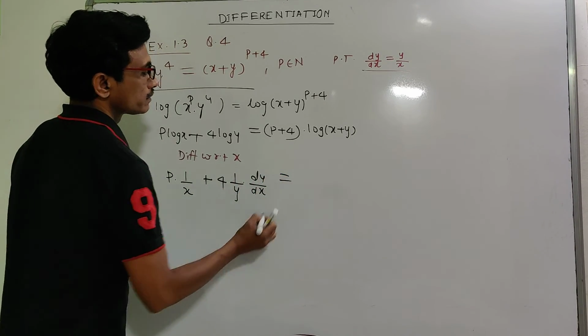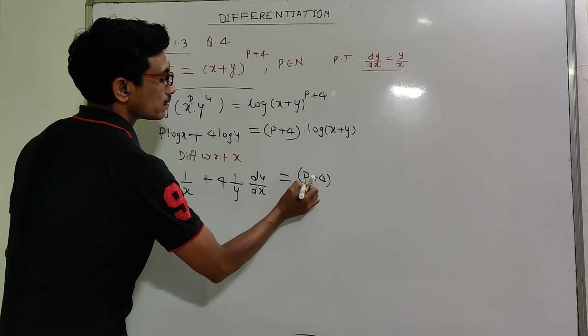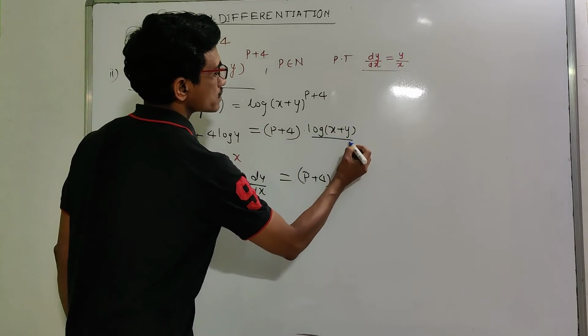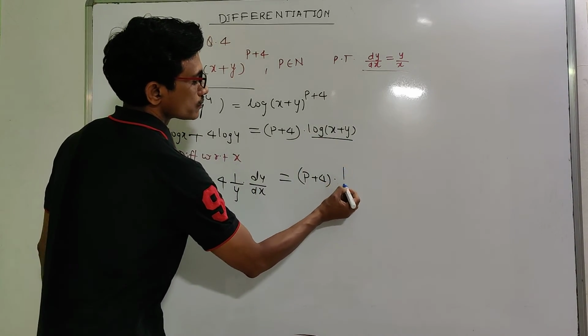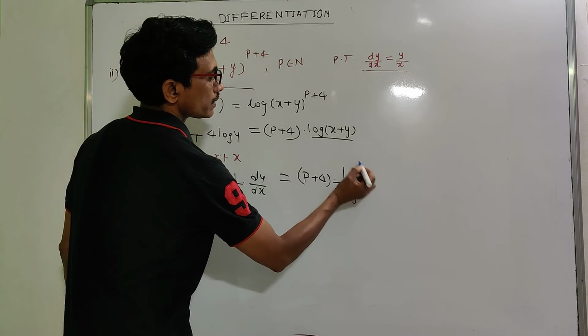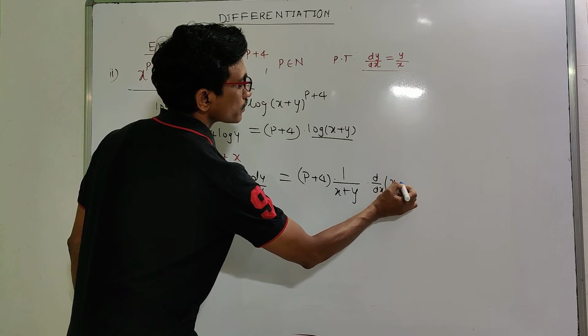Right hand side, p plus 4 is constant, derivative of log f(x), which is 1 upon (x plus y) into derivative of (x plus y).